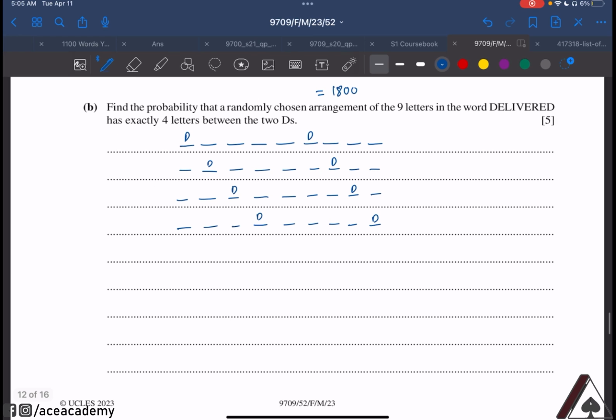So there are 4 types of these arrangements, and then in the remaining spaces you can write 7, 9 minus 2, 7, 6, 5, 4, 3, 2, 1. So it's basically 7 factorial by 3 factorial because the E's are repeated, into 4 because there are 4 ways in which this could occur.